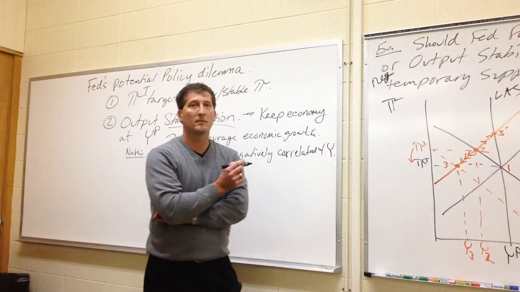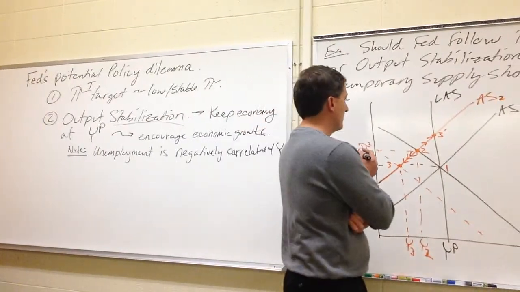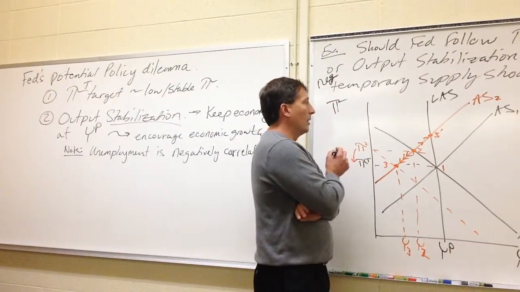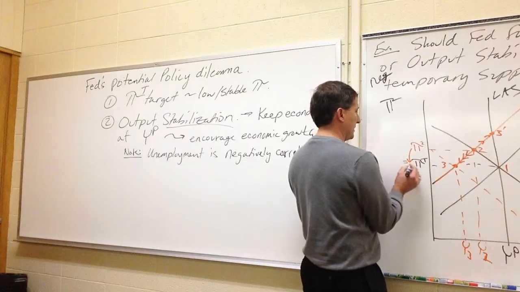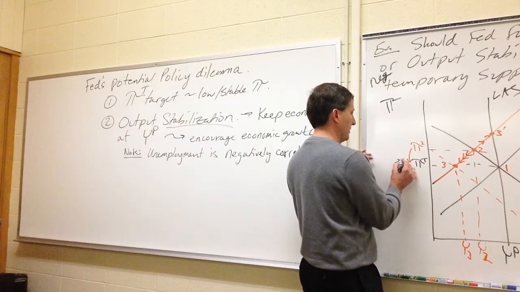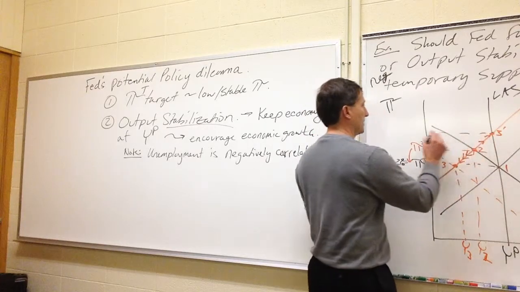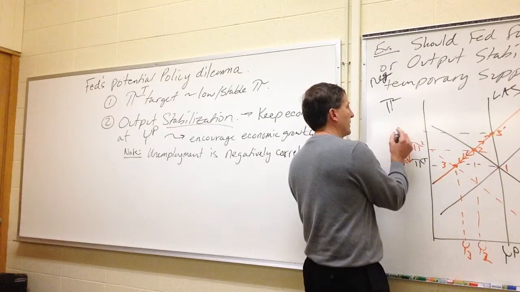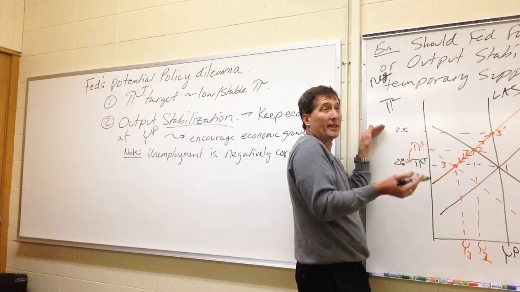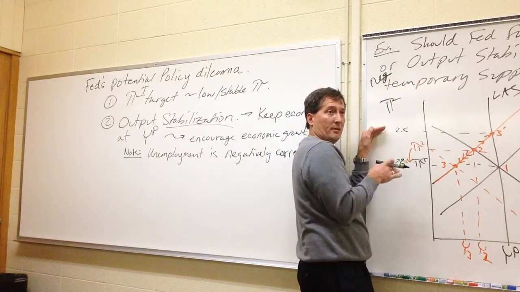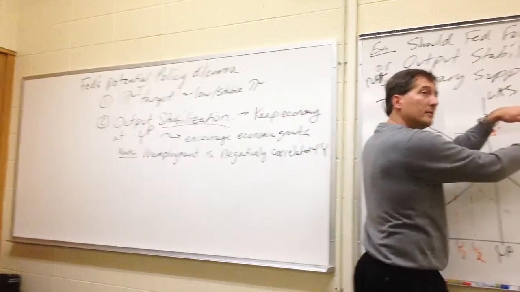So they'd be better off not creating a policy to do it, or is it just going to be? No, if this is 2%, and this is 3% or whatever, 2.5%, and we have a target range that we think is acceptable of 2 to 3%, then I'd say go ahead and inflate, right?